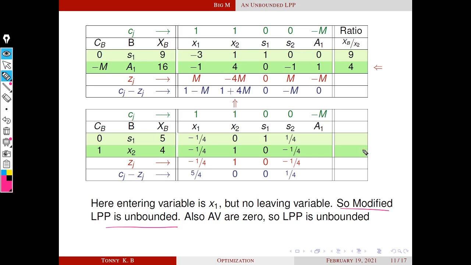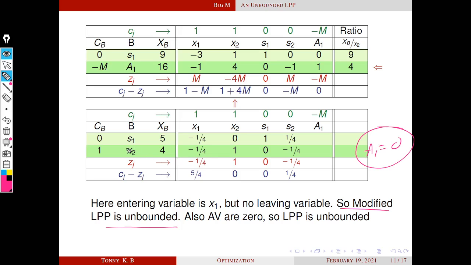But here the artificial variables are at zero level. That means this problem has a feasible solution but is unbounded. So this problem has a feasible solution because the artificial variable is at zero level. That is the indication that the original LPP is unbounded.